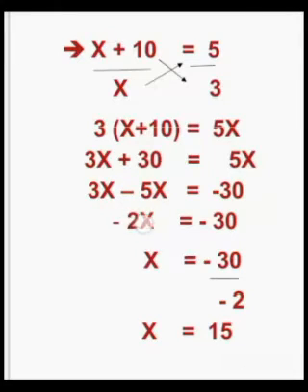Minus 2x, which is equal to minus 30. Here minus minus will cancel and you have to find the value of x. So x is equal to 30/2. Two 15s are 30, so you got the value of x is equal to 15.